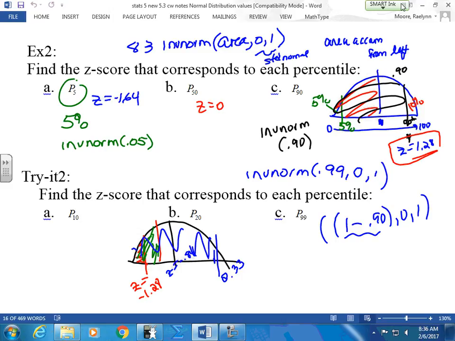Good? Questions? All right, I'm going to give you some of these to try. Page 257, 258, 1 through 29, odds. I want to make sure you get this part. You don't have to take this home. You can probably do this tomorrow.